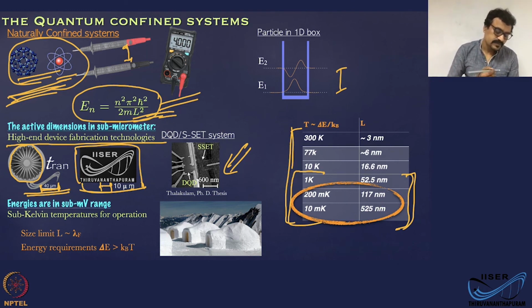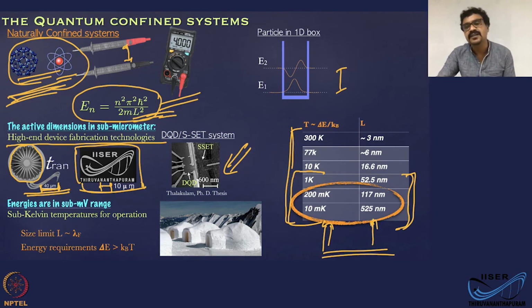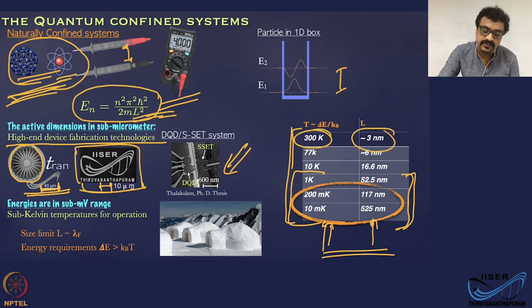So the transport study in this case for quantum confined systems now puts two constraints, two restrictions. Number one, that is on the size. Number two, that's on temperature. But these are actually interrelated. To see quantum effects at room temperature, you need systems of a few nanometers, but these are not addressable by your voltage and current probes.